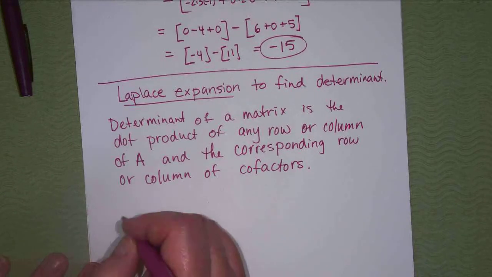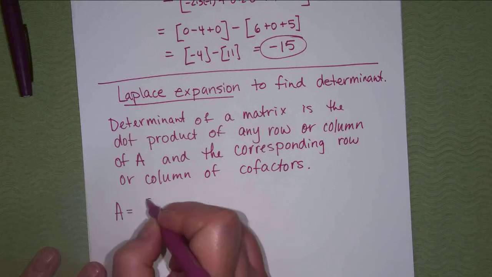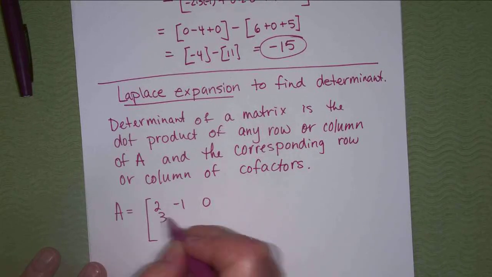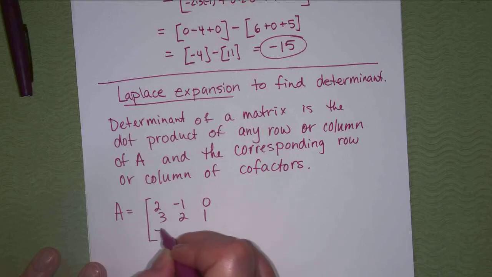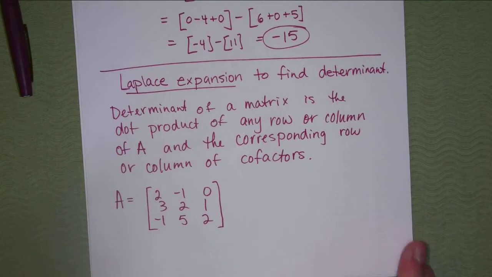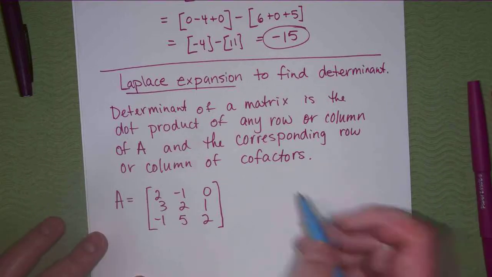So let's say we have A is, okay, so here's the matrix. So what I'm saying to do is the dot product of any row or column here. So first of all, you pick a row or column. That's step one.